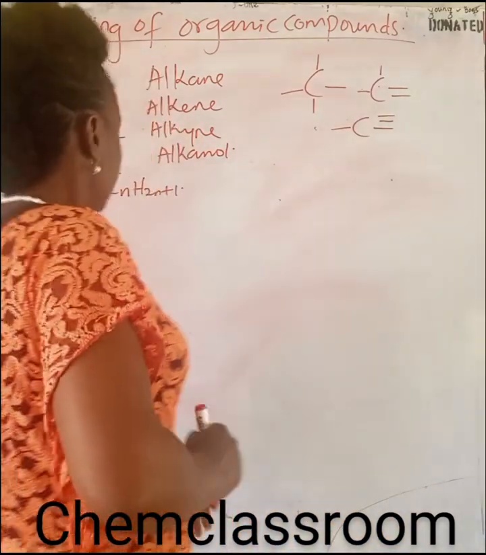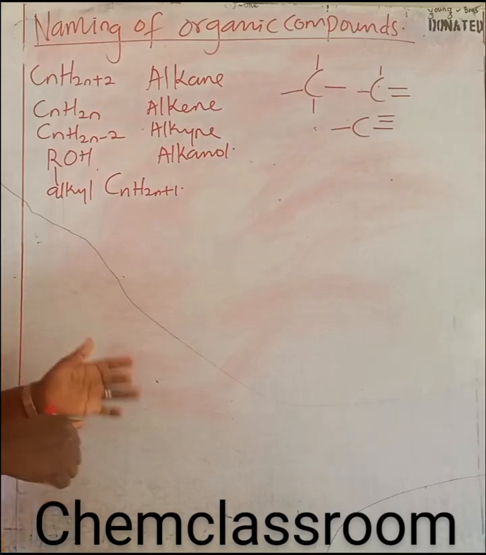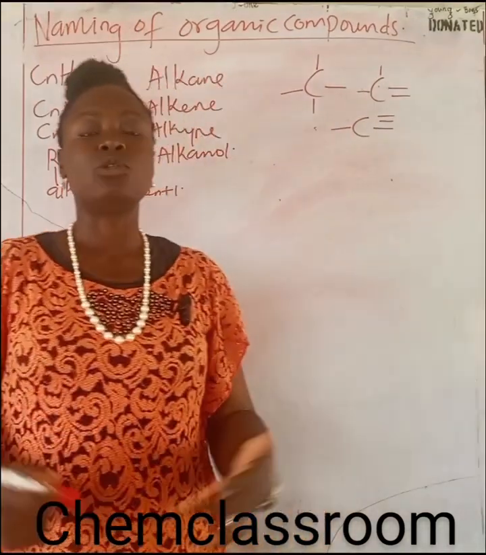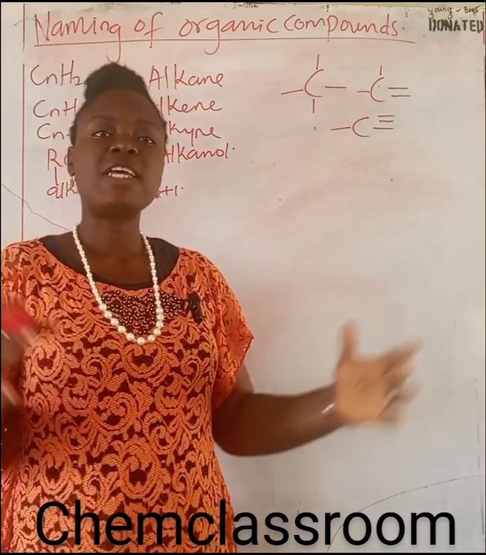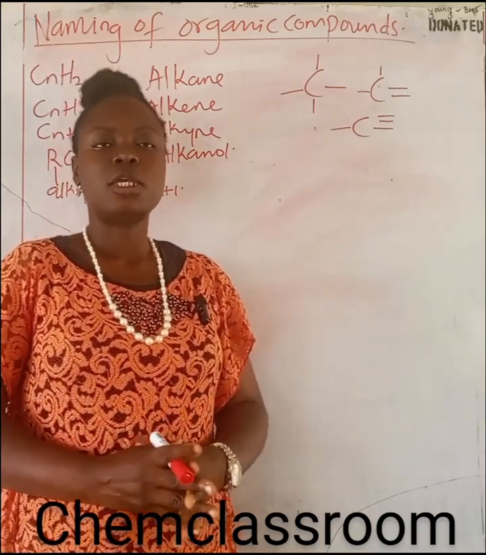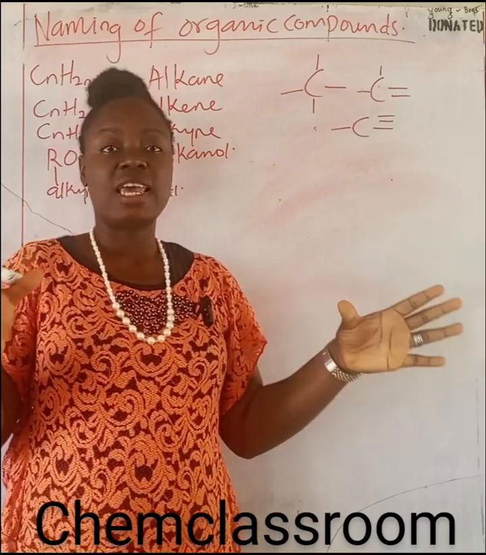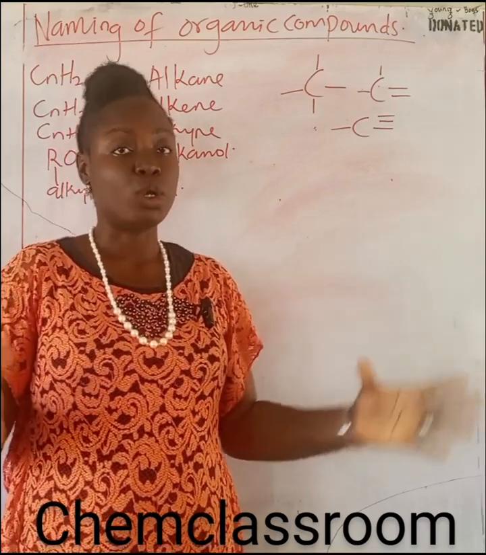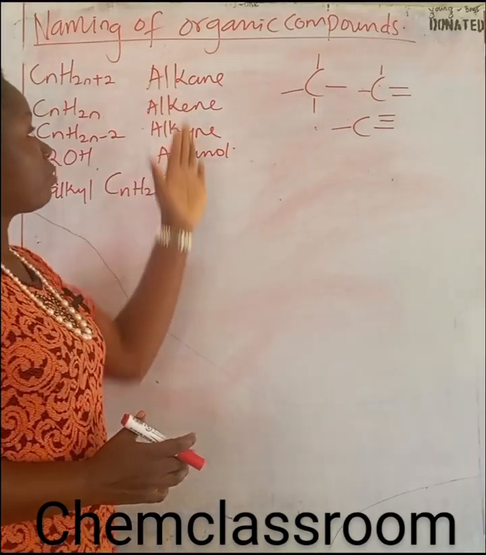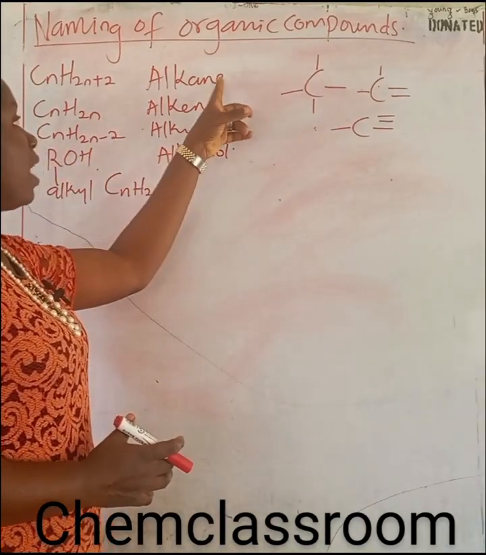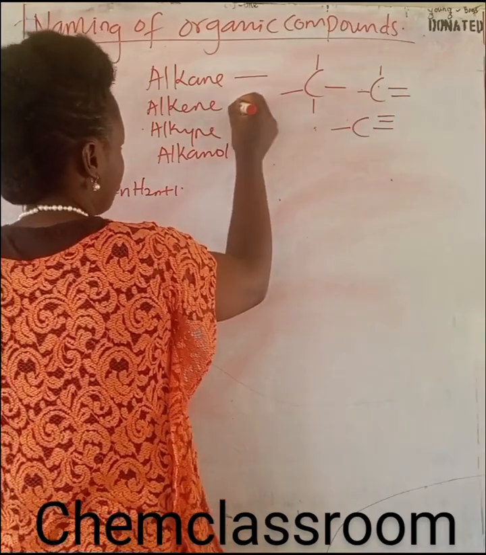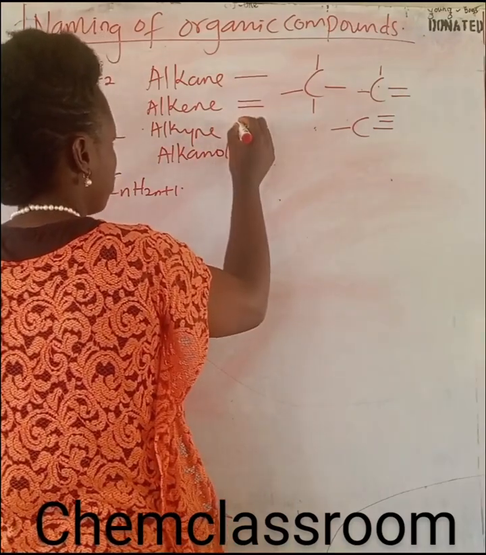Okay. Now coming to the naming of organic compounds. Yes, you need to put certain things into consideration. The first thing you are expected to know is the family to which an organic compound belongs. Now for the first 3, you have alkane to be single bond, alkene to be double bond. And alkyne, you have them to be what?